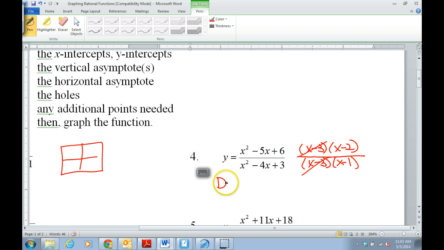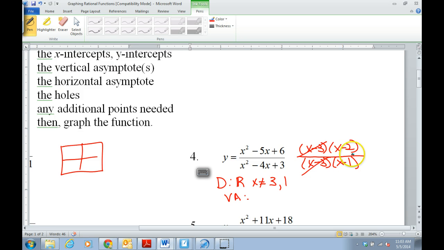So for number 4, I know that my domain, first of all, is what? It's all real numbers except for x equal to 3 and 1. My vertical asymptote is going to be what? What wasn't canceled out.